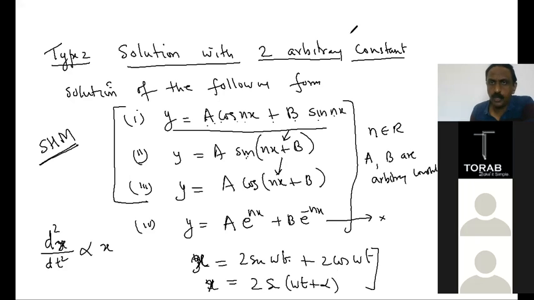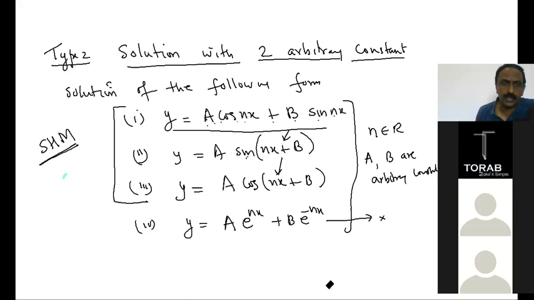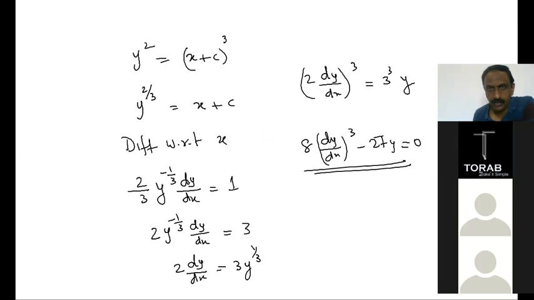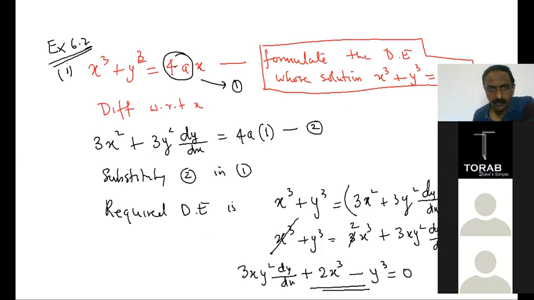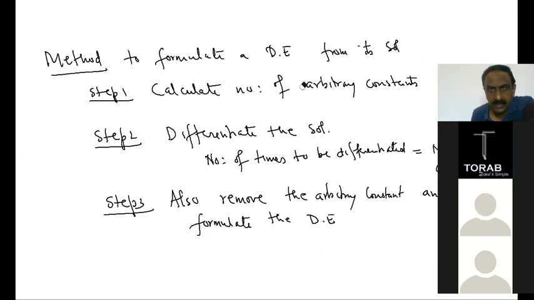Is it okay? Now let me come to what I have to teach you. I am supposed to formulate the differential equation. What is the method of formulating the differential equation? I have given you the general method.